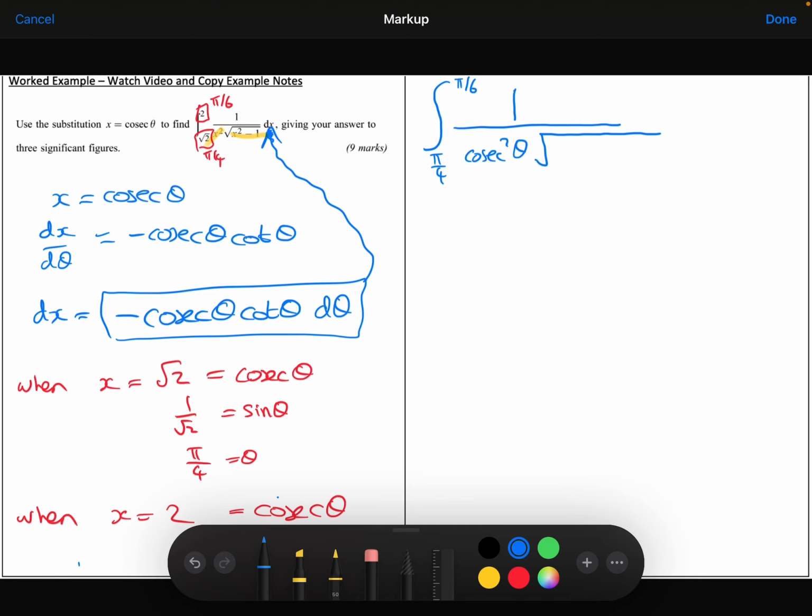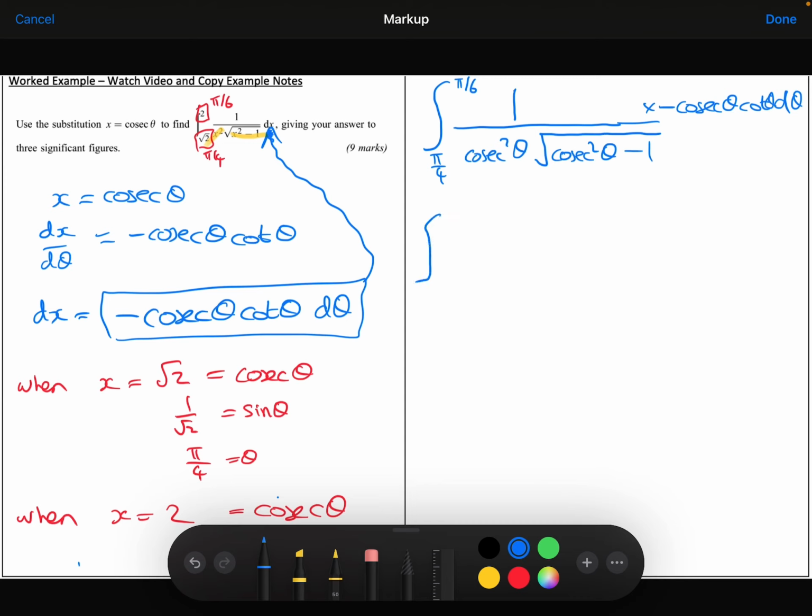Again, x squared will be cosec squared theta in the theta world minus 1. And crucially, remember that the dx has been replaced by minus cosec theta cot theta d theta. Right, we have managed to move from the x world into the theta world. And hopefully now we're going to get some simplification.